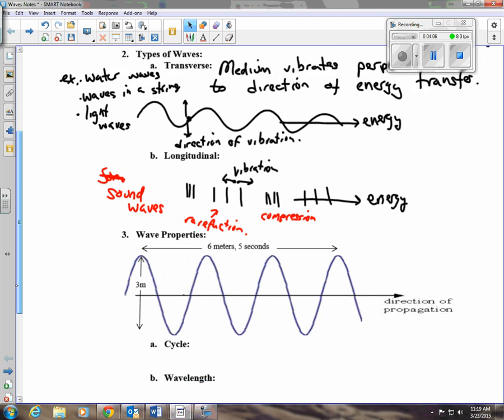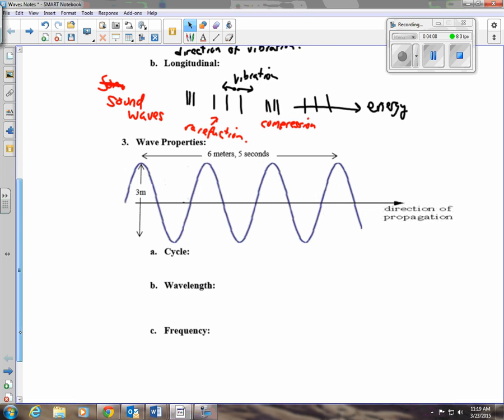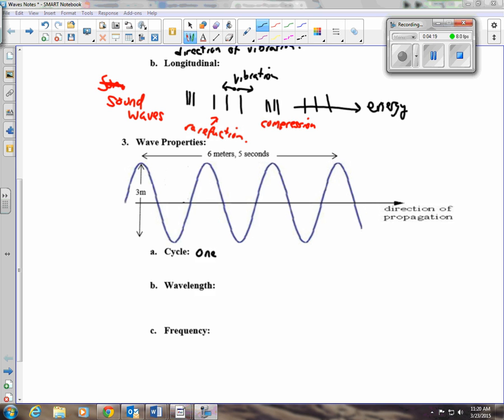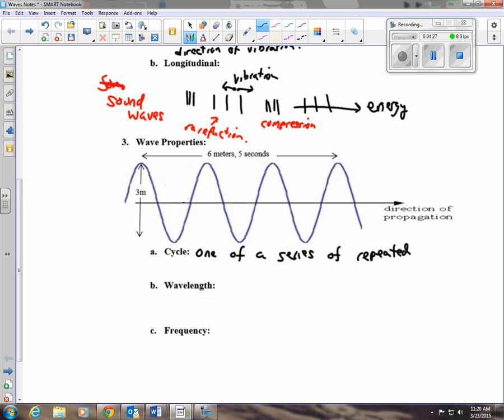Now, there's some things we can measure on a wave. We're going to call wave properties. And a cycle is one of a series of repeated sequences.